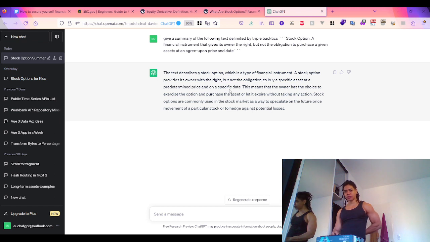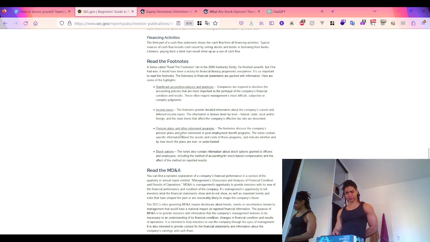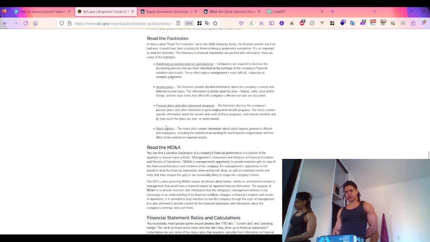Stock options are commonly used in the stock market as a way to speculate on future price movement, which is part of our human nature. Stock options are also in the footnotes of a financial statement; the notes contain information about stock options.